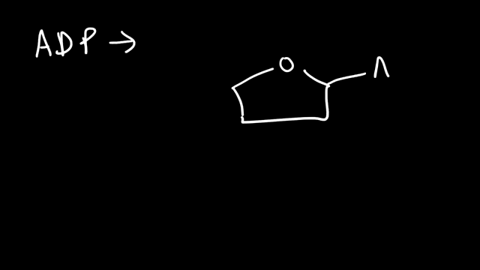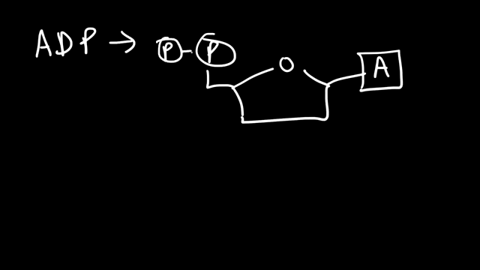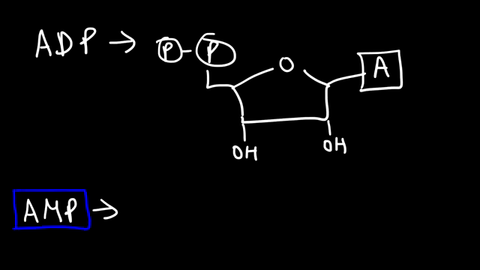For instance, if you hear the word ADP, it stands for adenosine diphosphate. So instead of having just one phosphate group, or 3, now you have 2 phosphate groups. So that's adenosine diphosphate. And if you hear the abbreviation AMP, this is adenosine monophosphate. So there's just one phosphate group instead of 2 or 3.